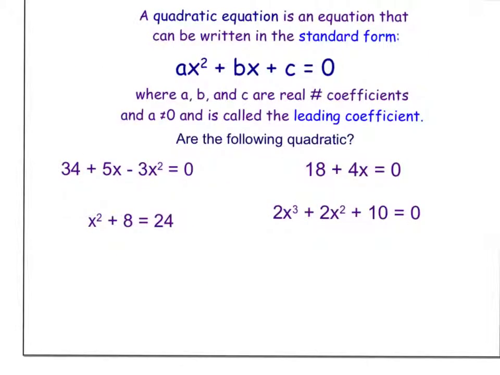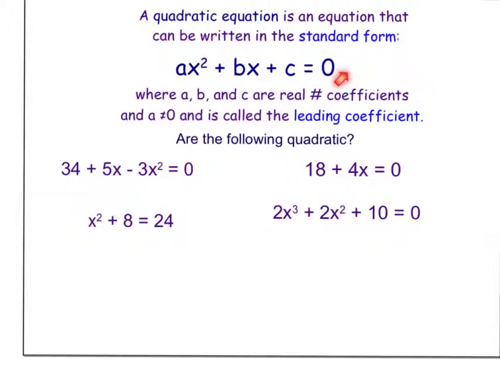All right, let's get to the main lesson. We're going to be talking in this unit all about quadratic equations. A quadratic equation is an equation that can be written in the standard form ax squared plus bx plus c equals 0. So a, b, and c are the real number coefficients, just like we had ax plus by equals c for standard form for linear.